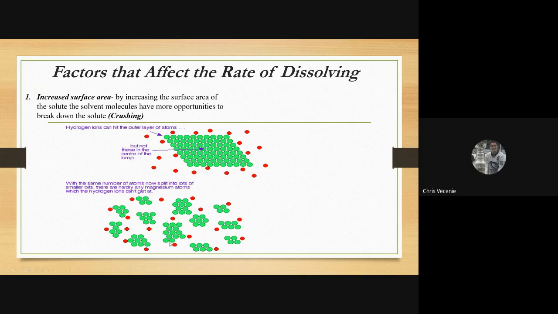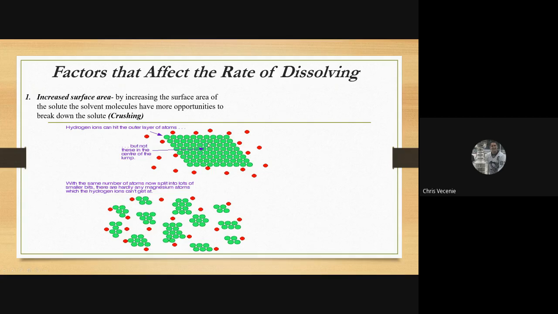They're still on the outside of the tinier pieces, but there's way more access sites. There's way more dissolving binding sites for the water to attack, and that's exactly what happens. They're able to break these mini clusters down much faster than they're able to break the big cluster down.